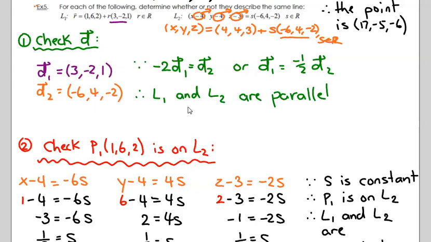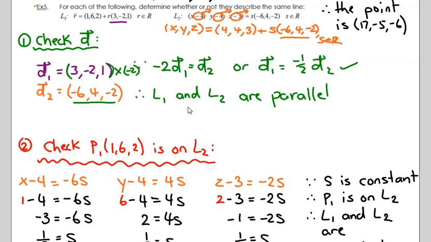And it looks like they are, because if I take this entire thing and multiply it by -2, it becomes this one. Or in other words, if I take the orange and divide it by -2, I'll get the top one. So they're scalar multiples, and they're parallel.